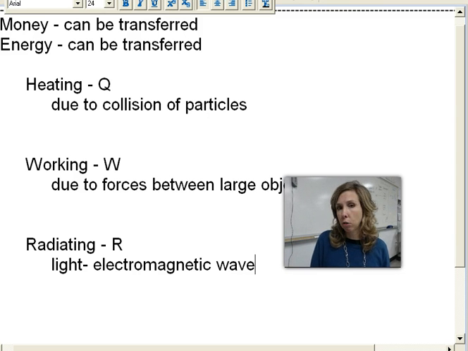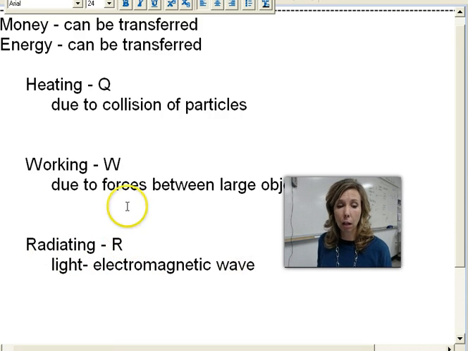But there's lots of electromagnetic waves. For example, radio waves are an electromagnetic wave. X-rays, ultraviolet waves, gamma rays, those all transfer energy from one object to another. It's the way that we get energy from the sun, is by radiating. And so that's labeled with R.